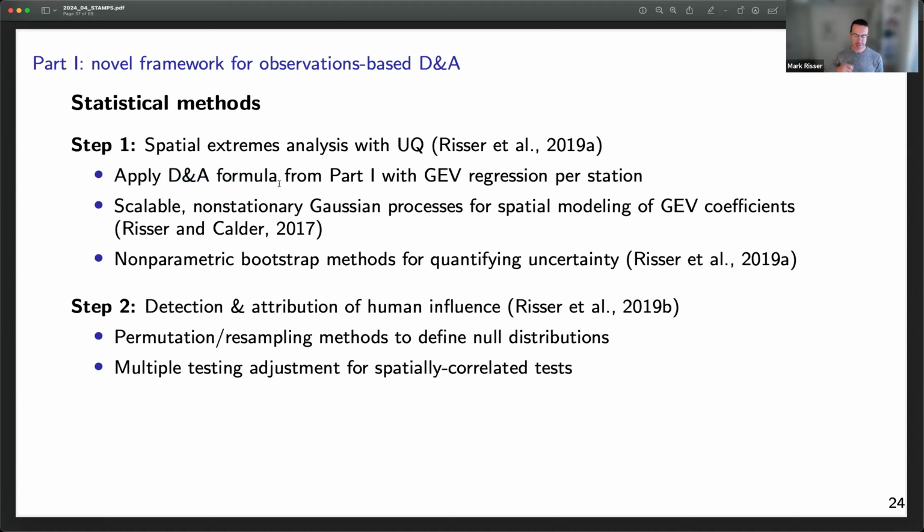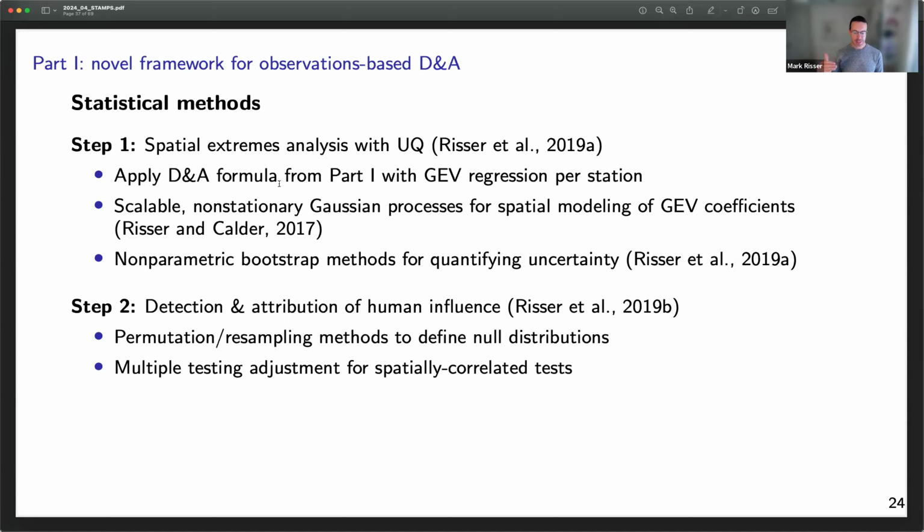I apply that within a GEV regression framework to each station, and then use Gaussian processes to do some spatial modeling of those coefficients, which is really useful for the signal-to-noise considerations here. And then we're quantifying uncertainty in this first part using non-parametric bootstrap methods.